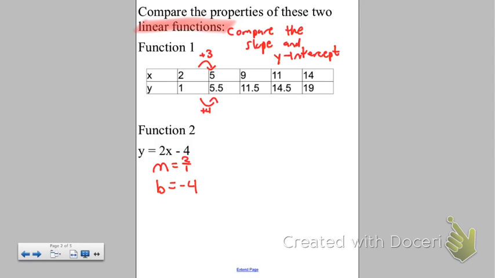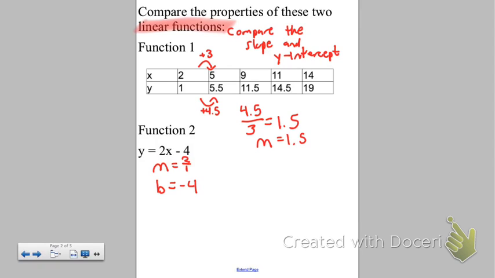My y value is increasing by 4.5. So to find my slope, I am going to do 4.5 divided by 3. 4.5 divided by 3 is equal to 1.5. So my slope is going to be 1 over 5.